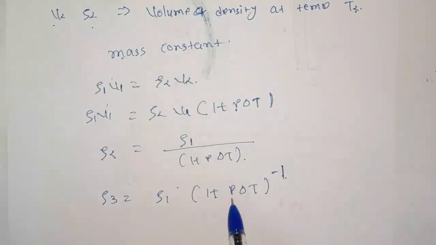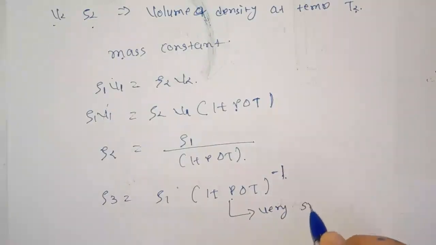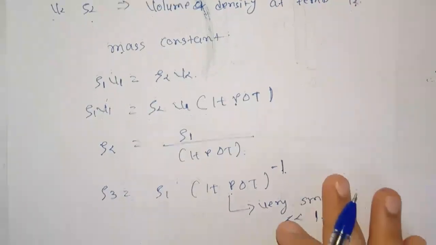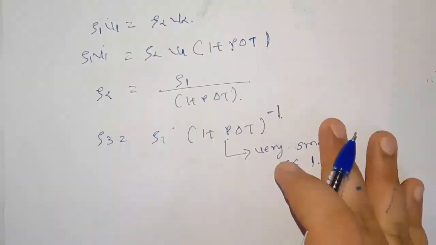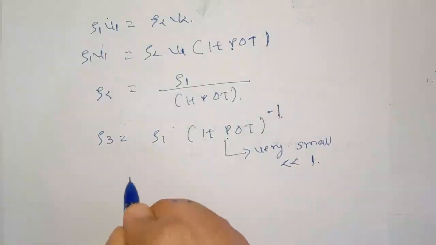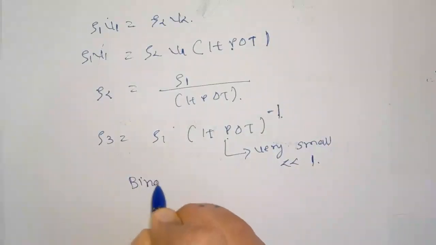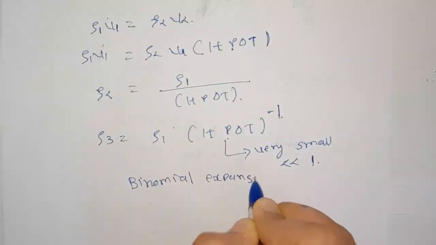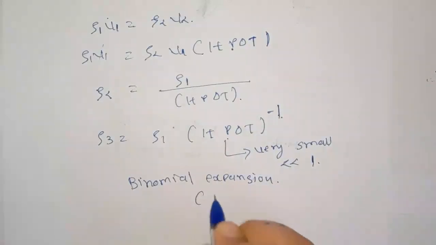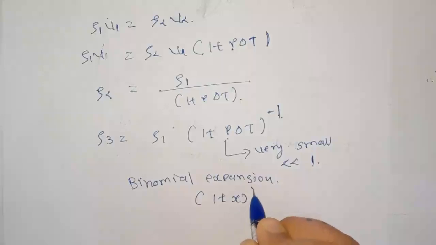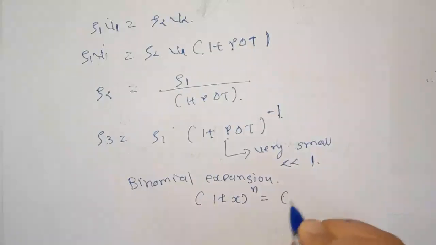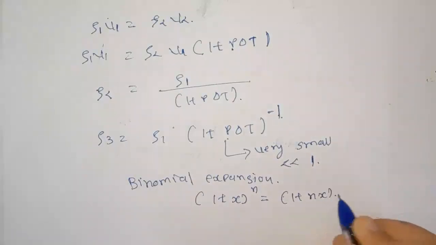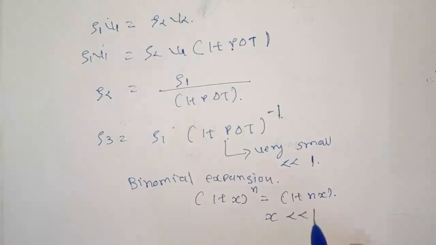Here we know that gamma is very small. It is very less than 1. So we can use the binomial expansion. According to binomial expansion, (1 plus x) whole power n is equal to 1 plus nx, given x is very less than 1.